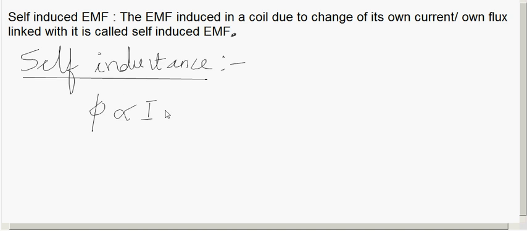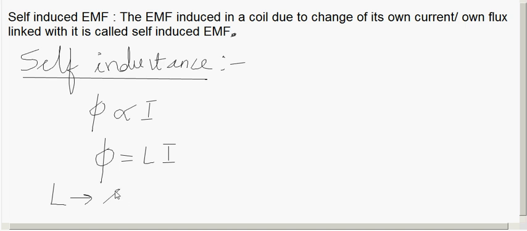Because as current increases, flux will also increase, or the strength of the field will increase. When I decreases, flux will also reduce. So flux is proportional to I, or I can write it as phi is equal to L into I. And here L is known as the self-inductance of the coil.